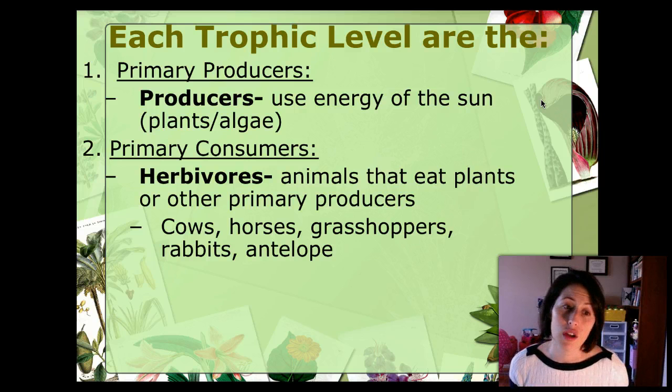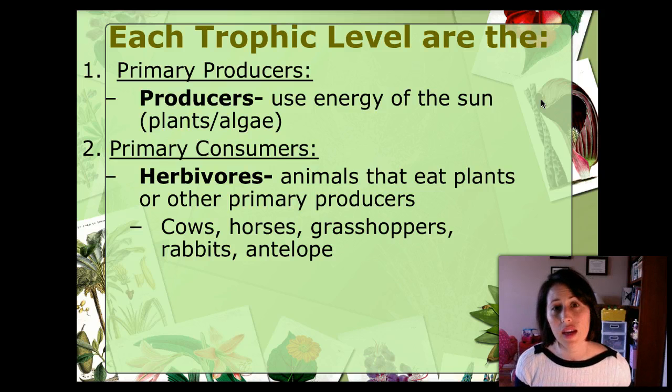Another word for a primary consumer is an herbivore. And herbivores are animals that eat those plants or other primary producers as their primary source of energy. Okay, so examples that you might be familiar with: cows, horses, grasshoppers, rabbits, antelope, all of the things that eat plants in order to survive.